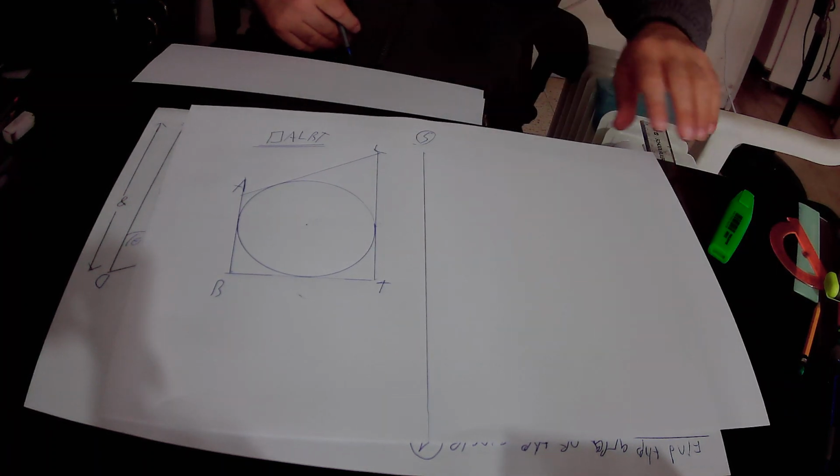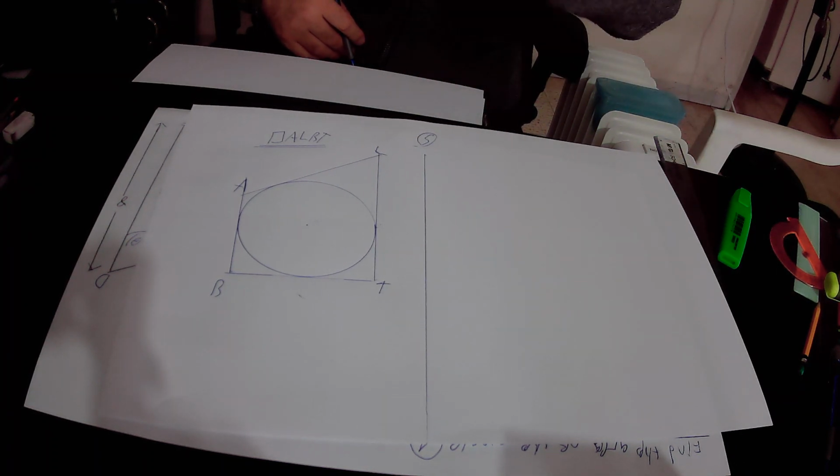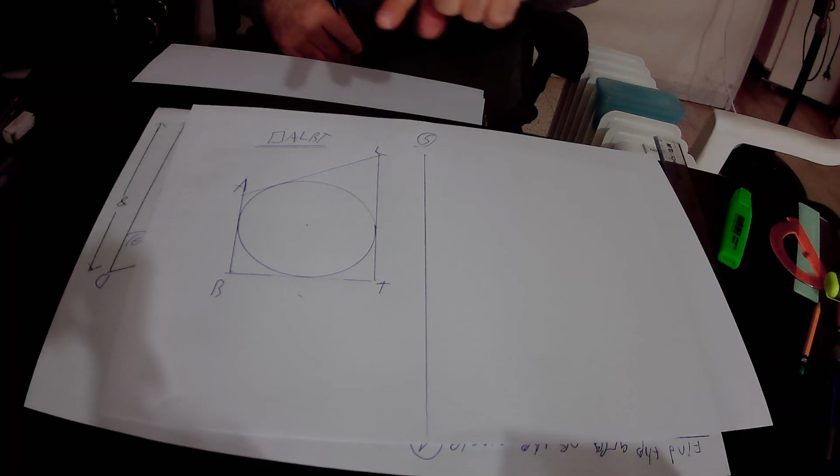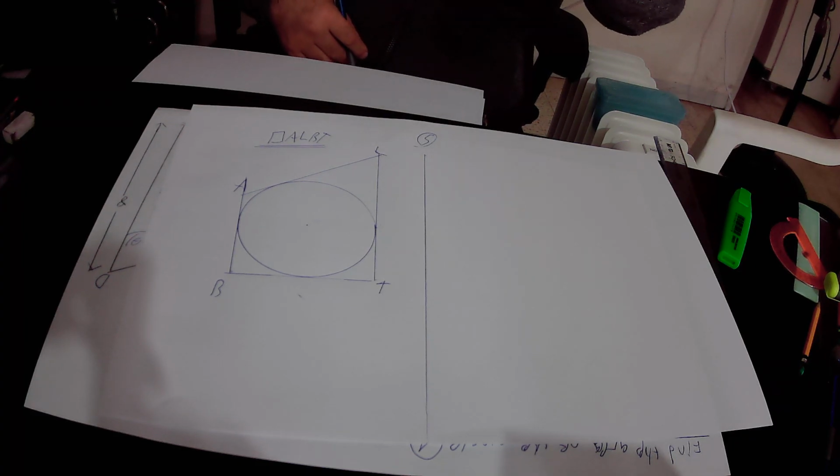So actually this is the small quadrilateral ALBT that I copied from the original drawing with the circle that is inscribed inside it.